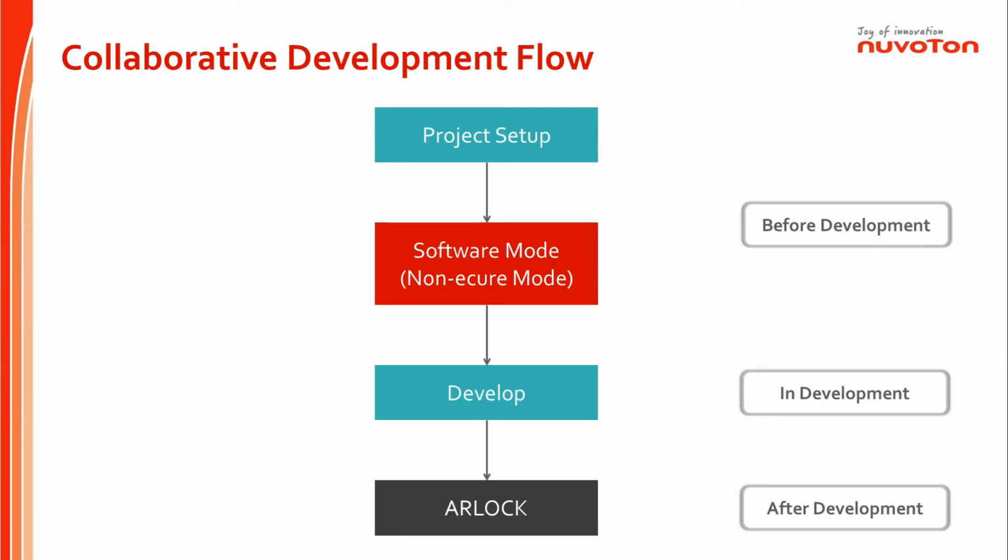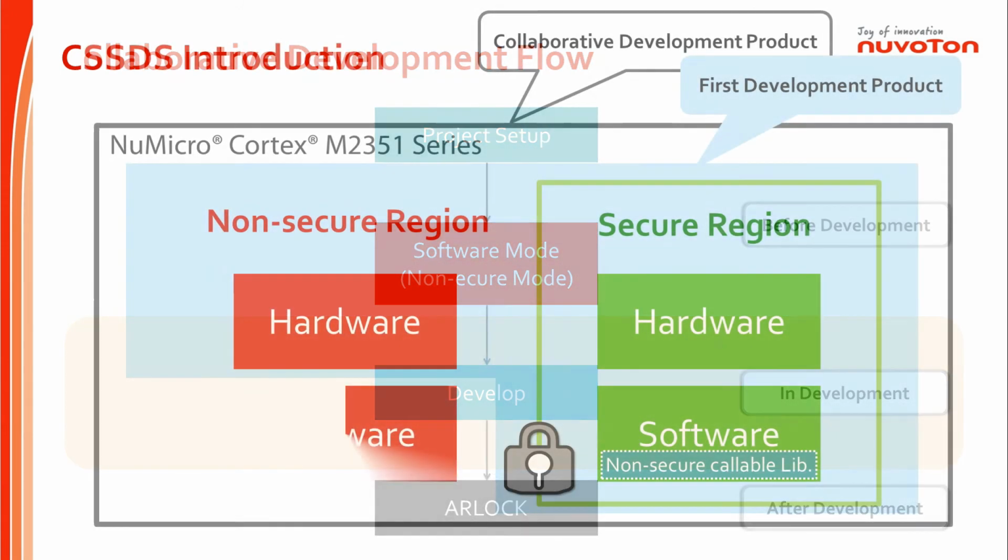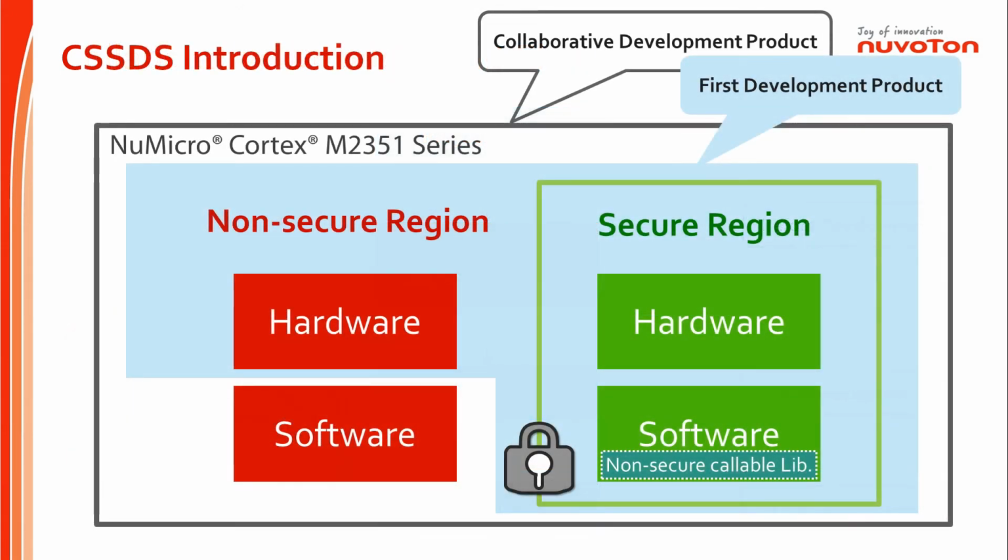When the secondary developer is in development, they can directly develop the peripheral that is configured to non-secure by the first developer, and can only access the peripheral that's configured as secure by calling a non-secure callable function when the user wants to use or control it.